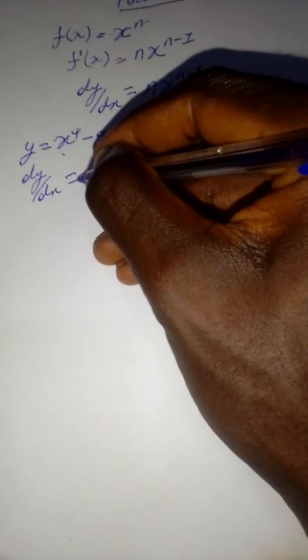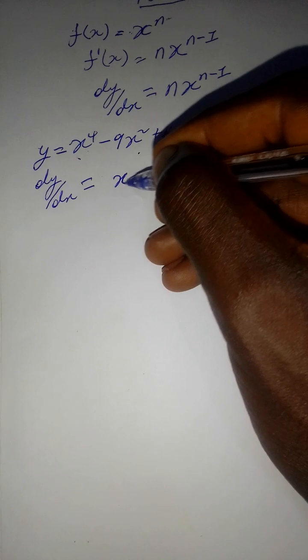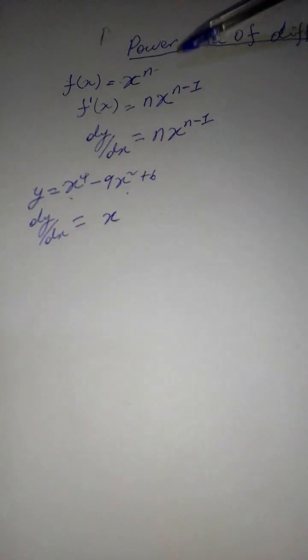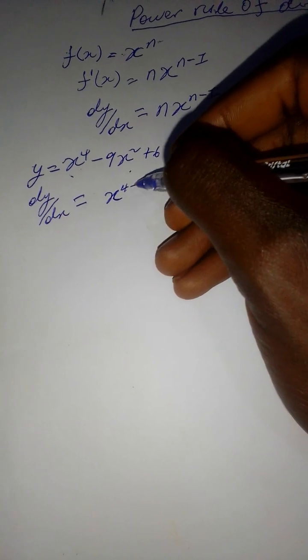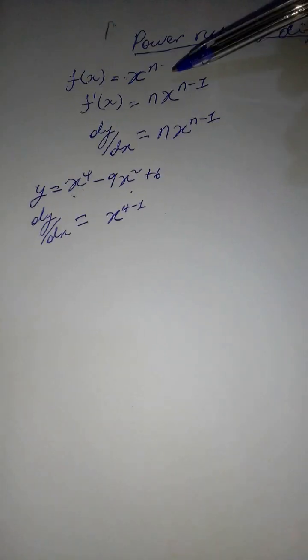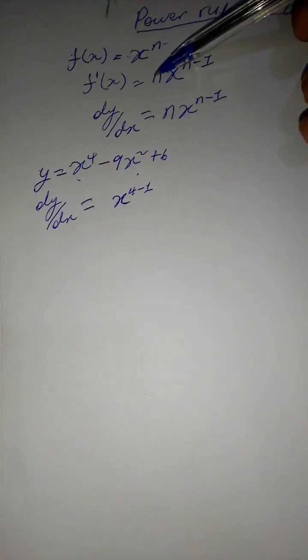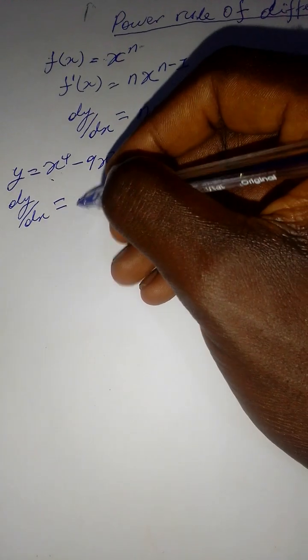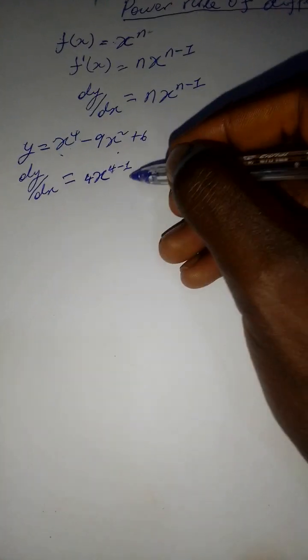So it will be equal to differentiating x to the fourth power. What we will have is x. Remember, the power rule tells us you minus 1 from the power, so it will be 4 minus 1. And the power rule again, we multiply by the power, so we'll multiply by 4. So that is what it will give us when differentiating x to the fourth power.